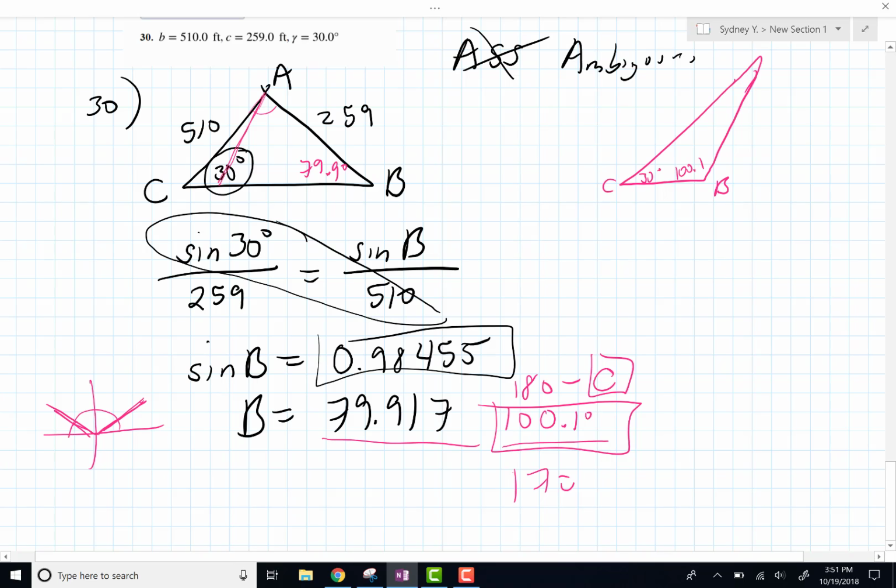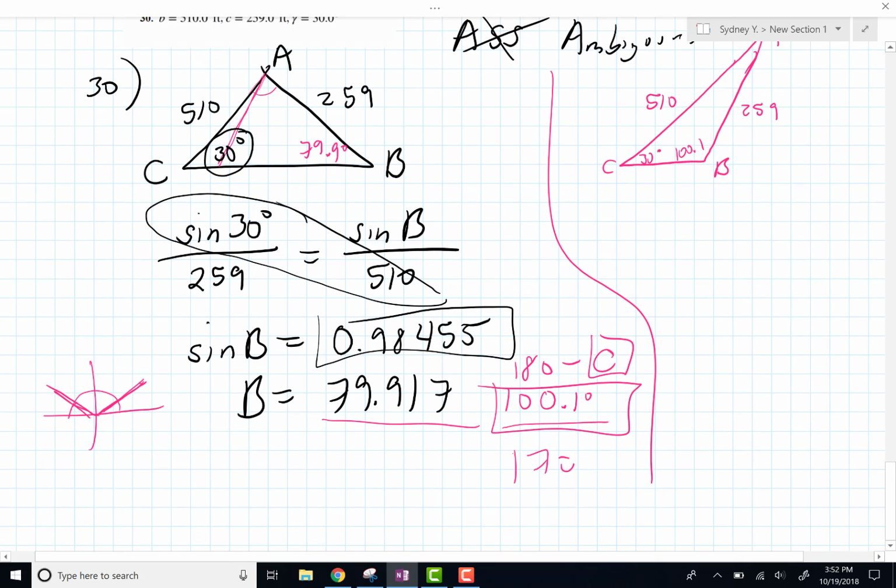The C is still the 30 degrees, across from it is the 259, and this is 510. And now you have two separate triangles that you have to finish solving with law of sines. Yay us. So either this one or that one. So I will finish solving the first one first.